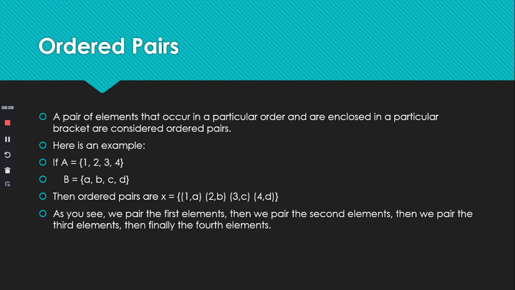We do the same for the second, then the third, then the fourth. You can then say that the ordered pairs are X equal to (1, a), (2, b), (3, c), (4, d). So the ordered pairs are enclosed in brackets, and the set of ordered pairs also has brackets. And there's a pattern: the first term first, then the second, the third, and the fourth. That's what ordered pairs basically are.